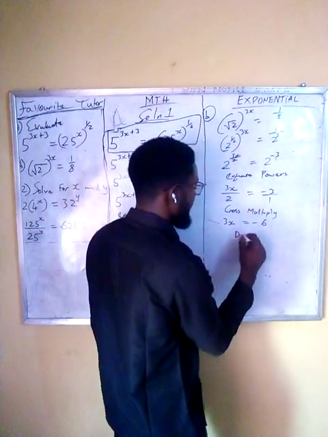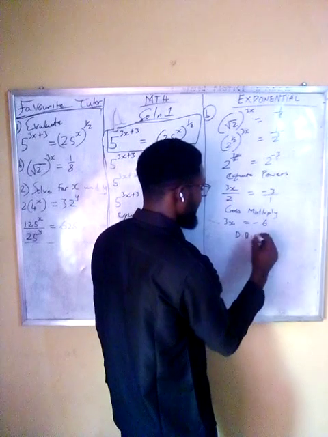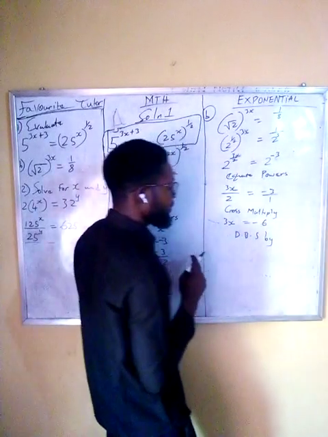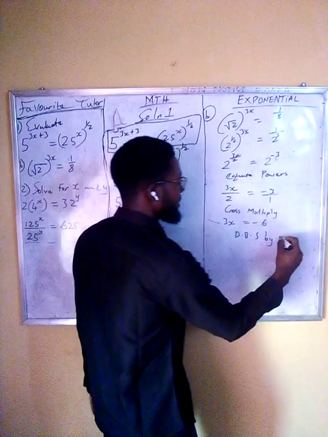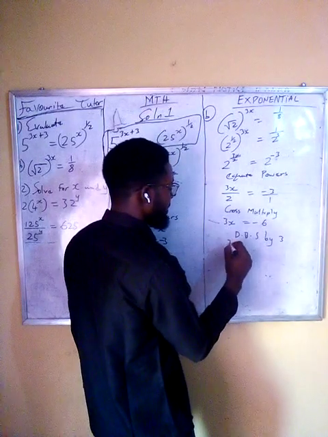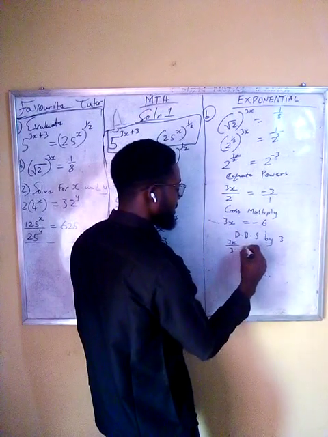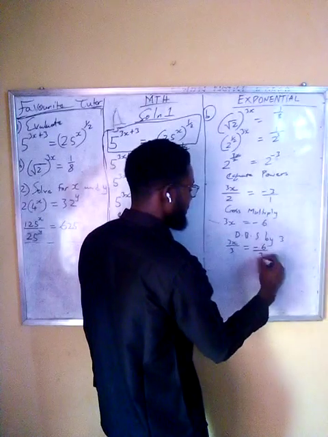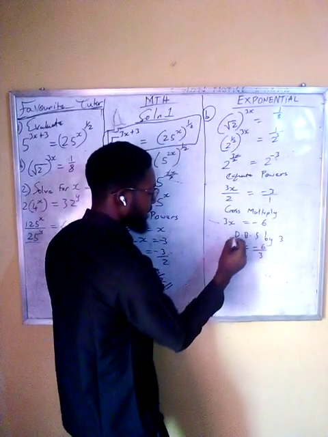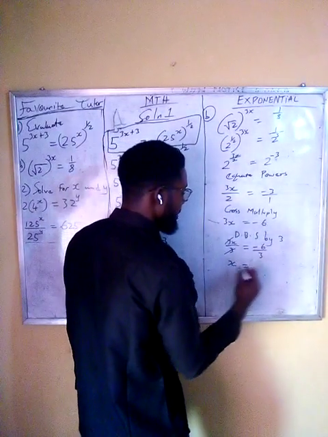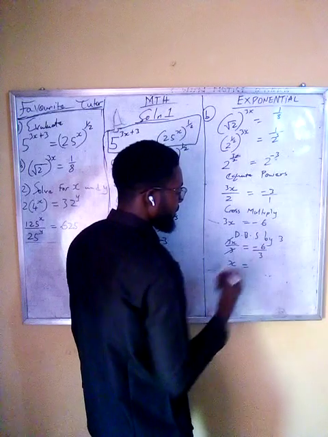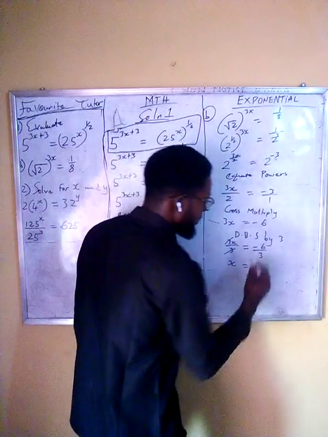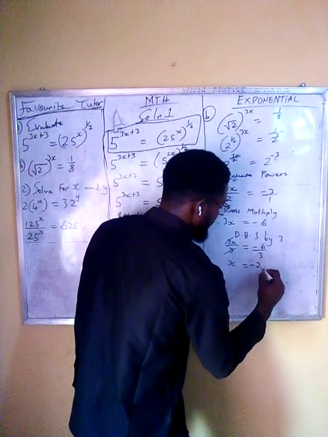We divide both sides by the coefficient of x, which is 3. So 3x all over 3 equals to minus 6 all over 3. The 3s cancel, therefore x is equal to minus 6 divided by 3, which is minus 2.